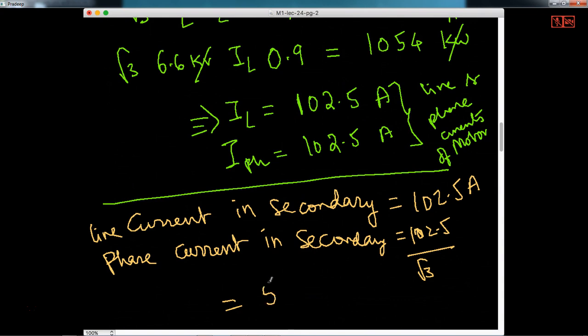So I'm getting 59.17 amperes. So this is the current that will be flowing in the transformer secondary. Now the question is, what is the primary current?